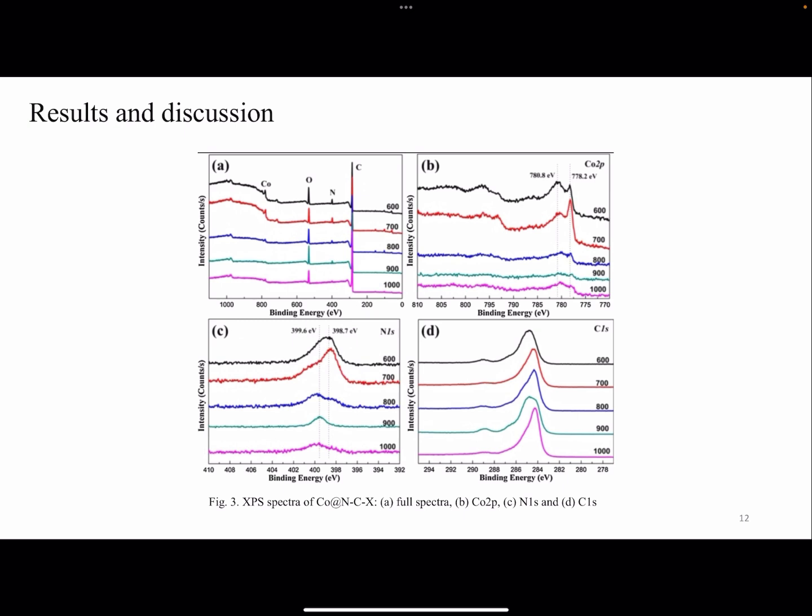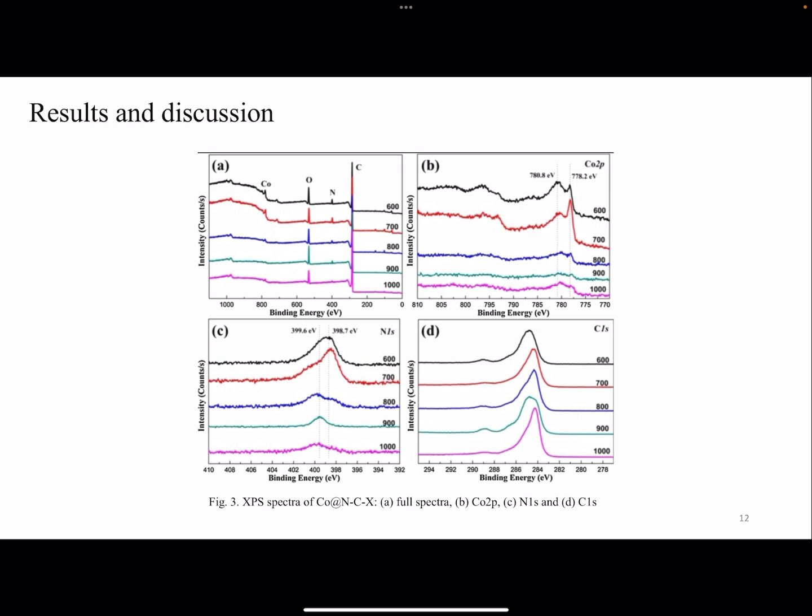But however, there is a clear trend. As the pyrolysis temperature increases, we can see that the intensity of the nitrogen signal drops significantly. The loss of nitrogen weakens the interaction between the carbon skeleton and the cobalt particles.